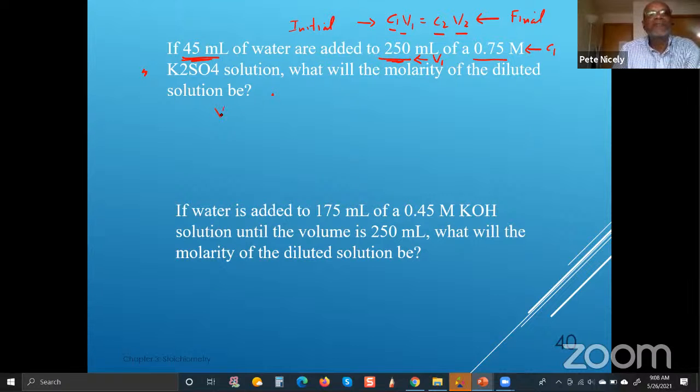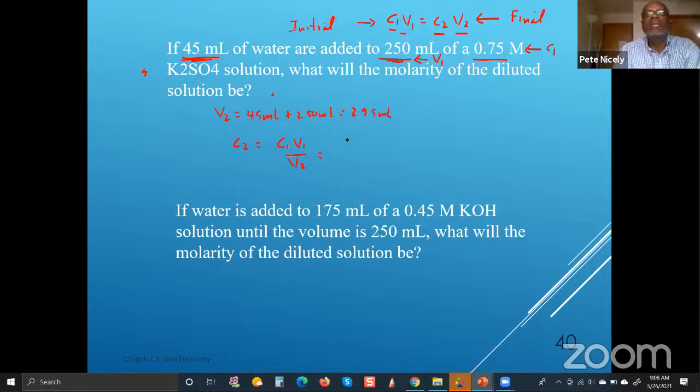In other words, V2 would be equal to 45 mLs plus 250 mLs, which would be equal to 295 mLs. All right? So therefore, to find C2, which is what the question is asking for, C2 would be equal to C1 V1 over V2.